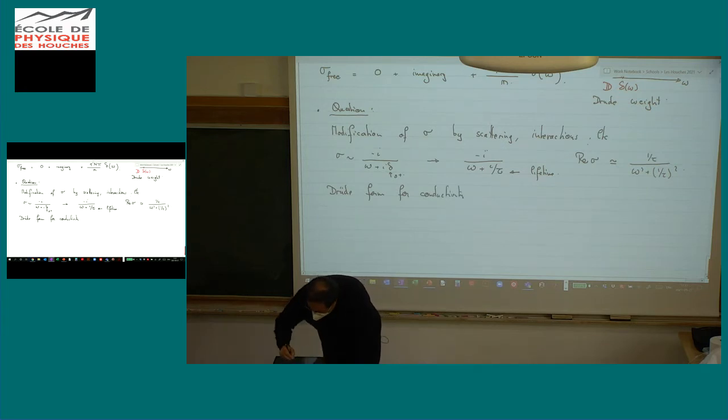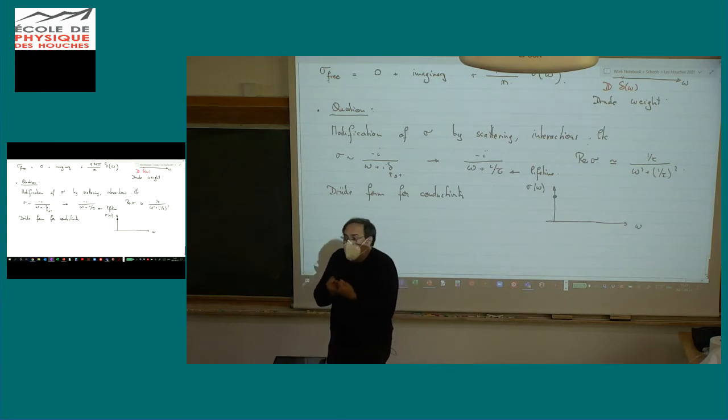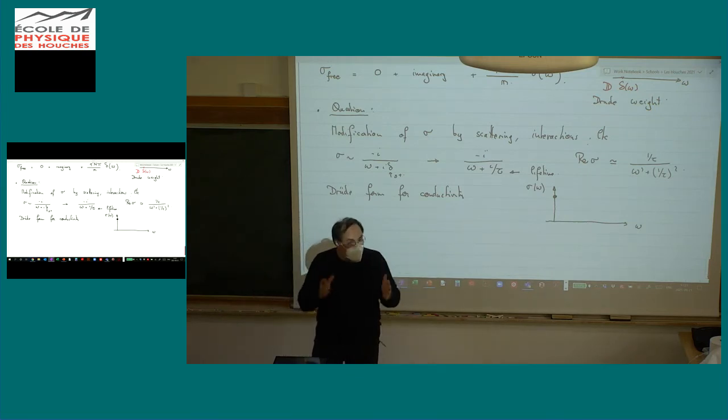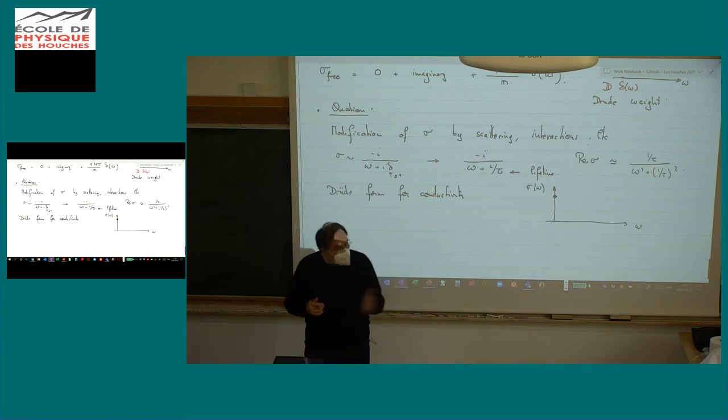And it tells you that sigma of omega will have a finite height at omega equals 0. That's the conductivity as a function of the temperature, the strength of the interaction, whatever. But that's the static conductivity. That's the one you would get by putting a uniform and static electric field.